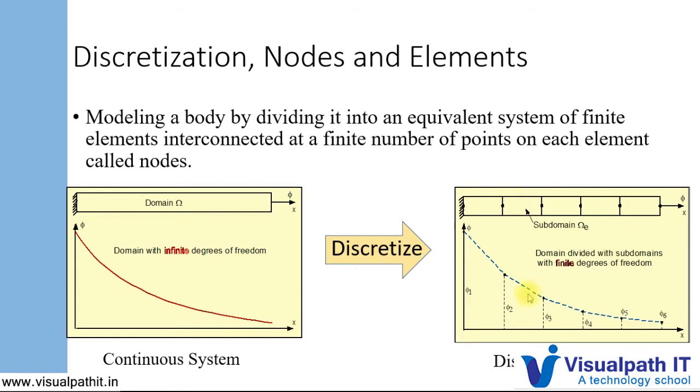So you can see this continuous domain is discretized into 5 subdomains. So there will be a finite number of degrees of freedom for this body, while the continuous system has an infinite number of degrees of freedom, which we may not be able to solve other than with analytical methods. This will be very difficult to solve. When we have a finite number of domains, we can solve those for the various physical quantities of our need.